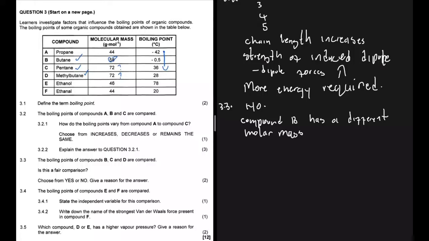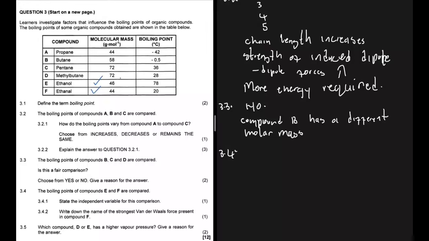So we have 3.4, which says the boiling points of compounds E and F are compared. So let's just erase this and look at E and F. So here's E, which is ethanol, and F, which is ethanol. And then 3.4.1 says state the independent variable for this comparison.